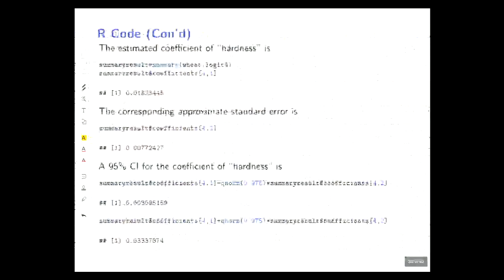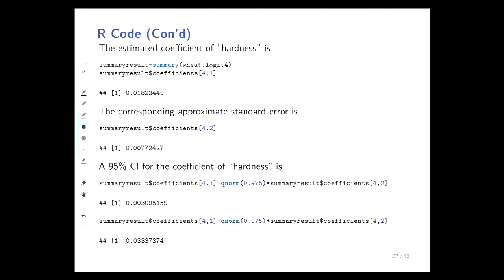There is another way to call these two values. This is actually the MLE of the beta coefficient of hardness, and that's the approximate standard error.